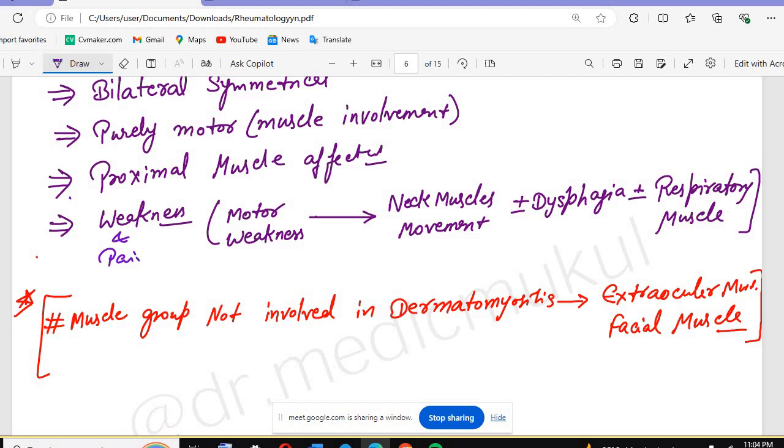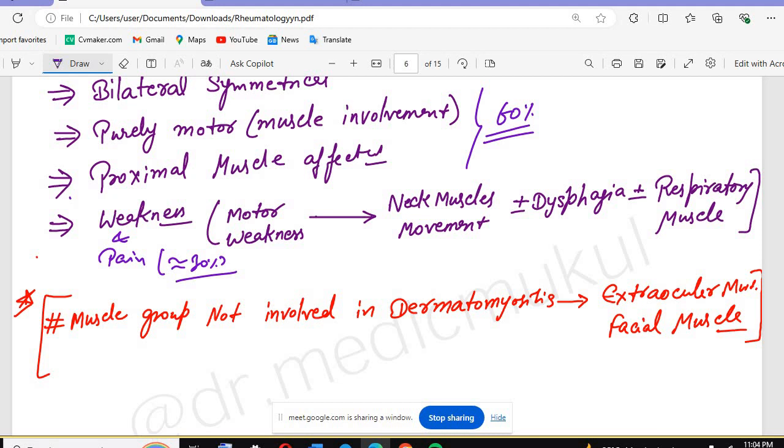So in most cases, around 60%, there will be purely motor proximal muscle weakness, and the remaining 10% is not seen; of course there will be some chronic conditions, but that is a different thing. Around 30% will have pain. That's why I'm saying the pain is not so significant in dermatomyositis.